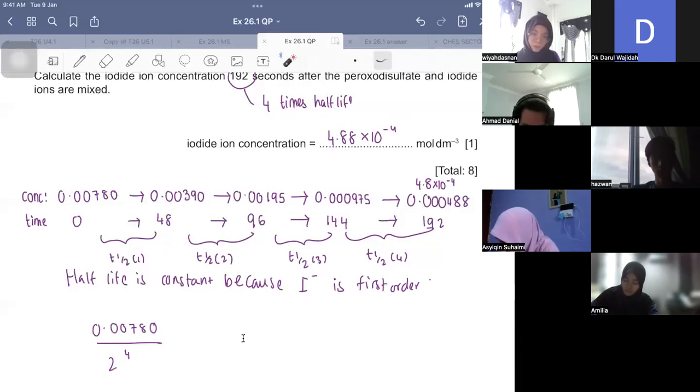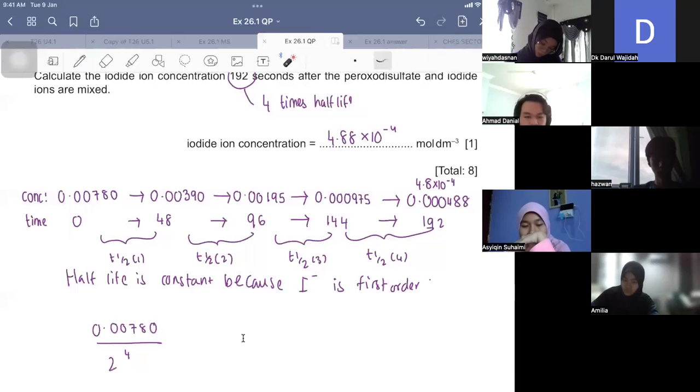You need to multiply by half since it's half-life, but 4 times, so you raise to the power of 4. It's the same as dividing by 2, dividing by 2 again, dividing by 2 again, and dividing by 2 again, for 4 times.